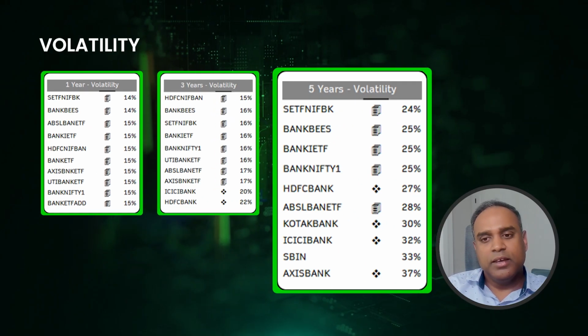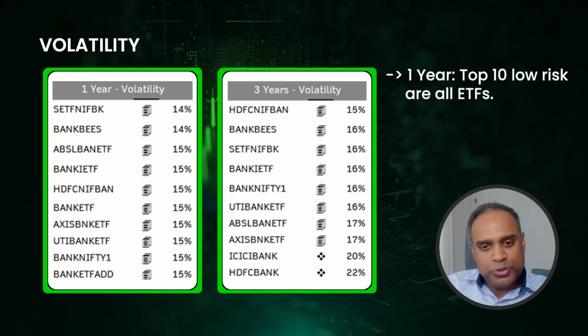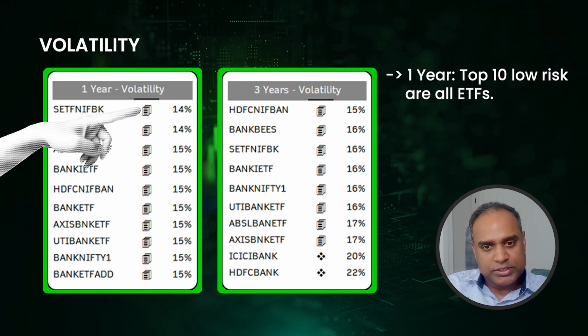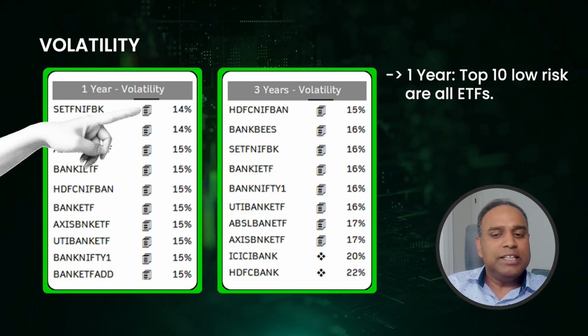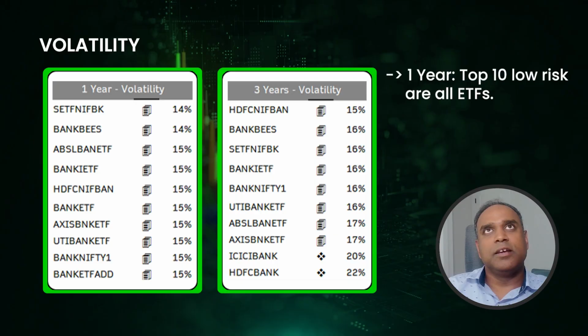I'm doing the same thing. So now you are familiar with this top 10 table. And now you see the icon for ETFs, which is this one. And you'll see that the ETFs are dominating when it comes to the best performing stocks in terms of volatility. Best here means lowest volatility or lowest risk involved or lowest fluctuation.